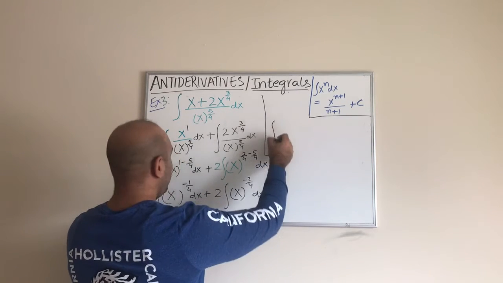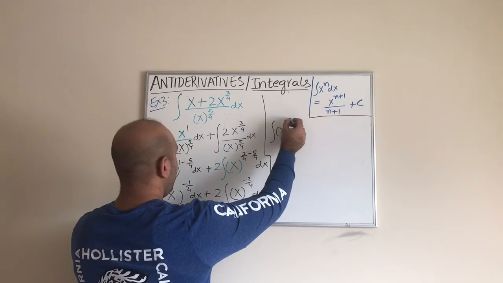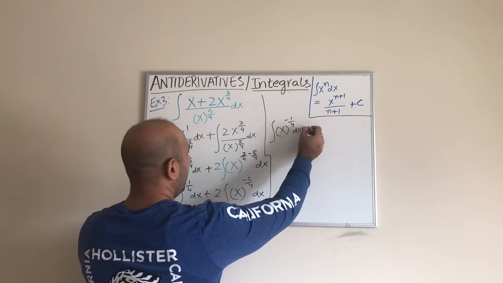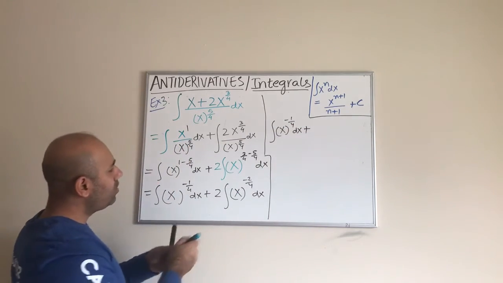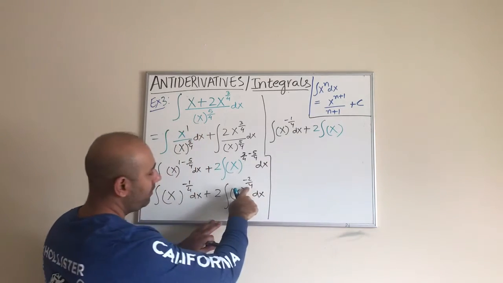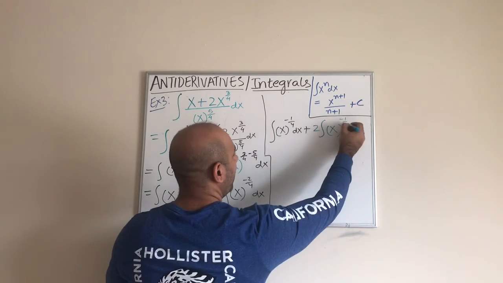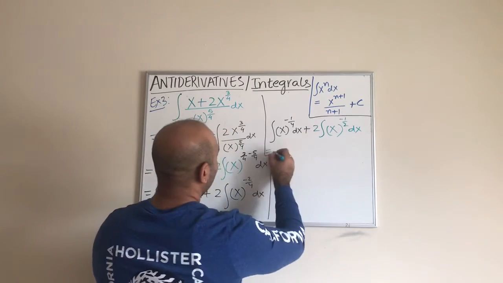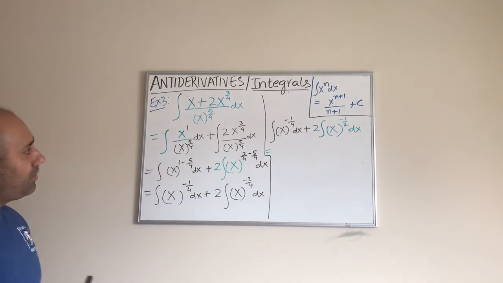So we have the integral of x to the power negative 1/4 dx, plus 2 times the integral of x to the power, if you simplify this, negative 1/2, and then dx. Let us see what this simplifies to.